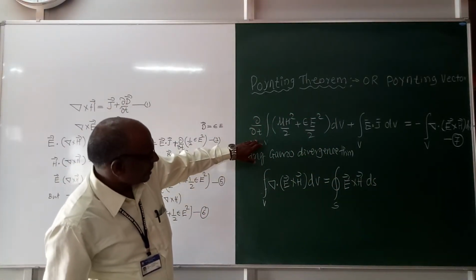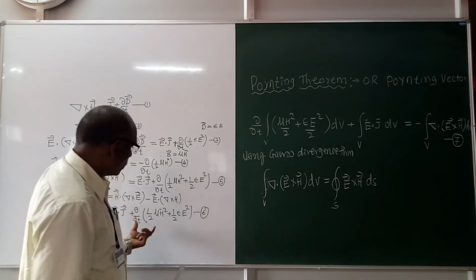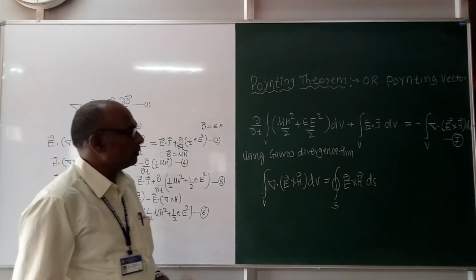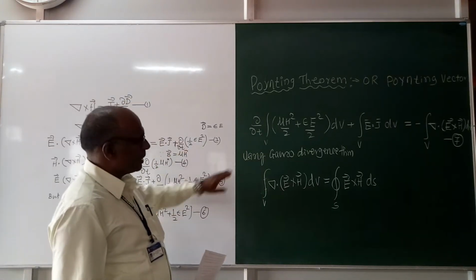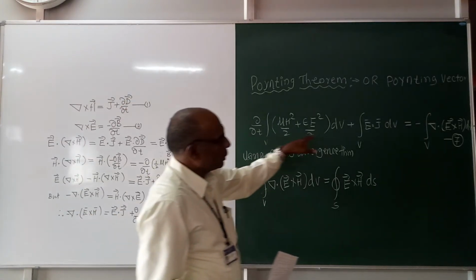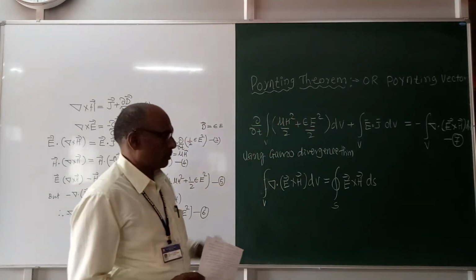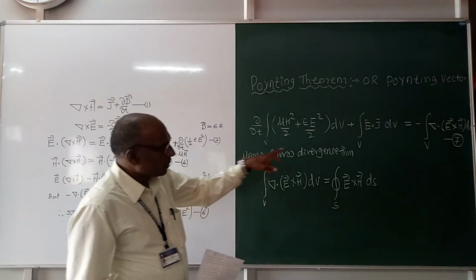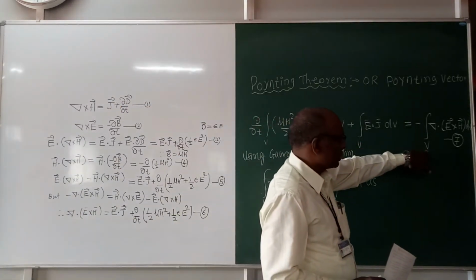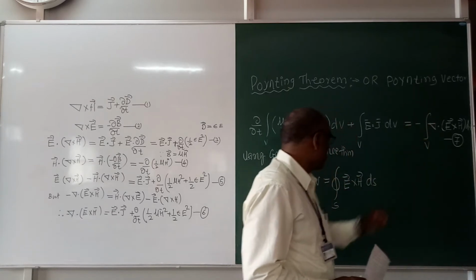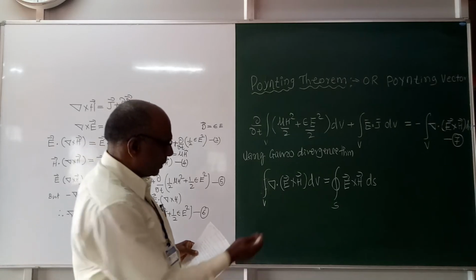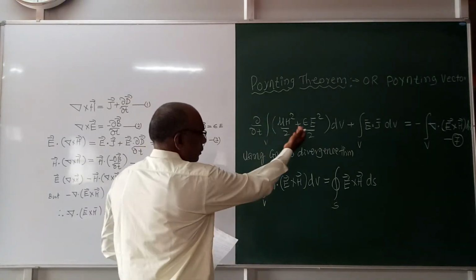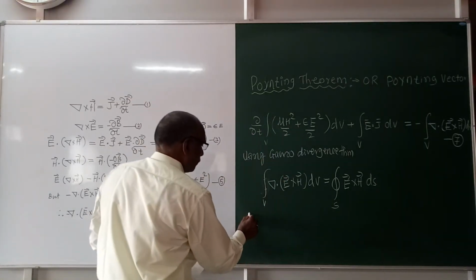So we consider a volume enclosed by the surface S. Integrating this equation over the volume, we got 3 integrals with the rearrangement. I want to convert only this integral into a surface integral. I'll rewrite this equation now.